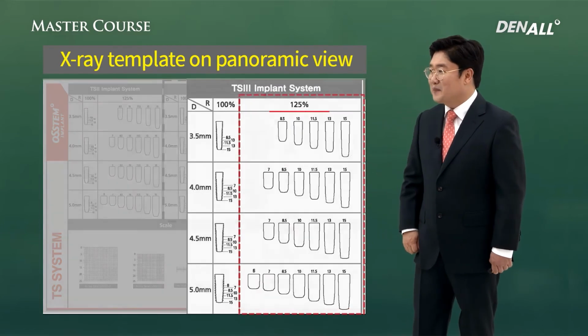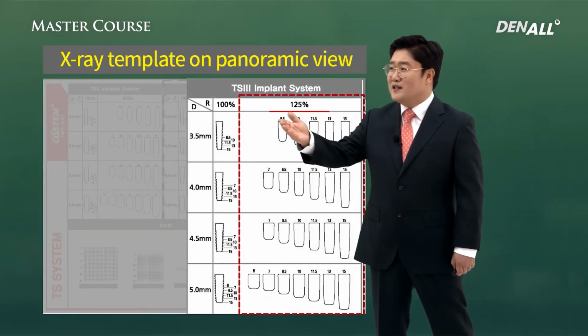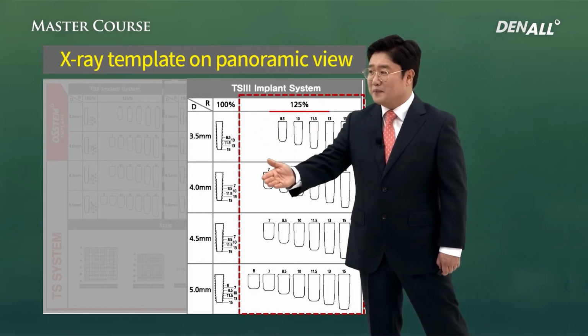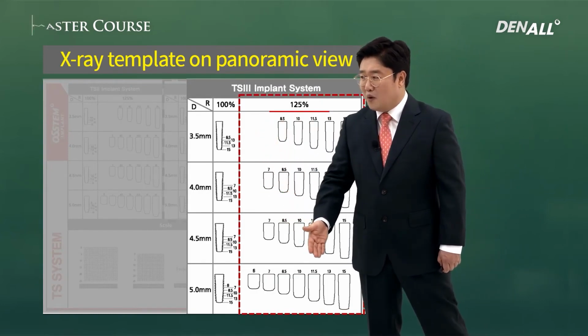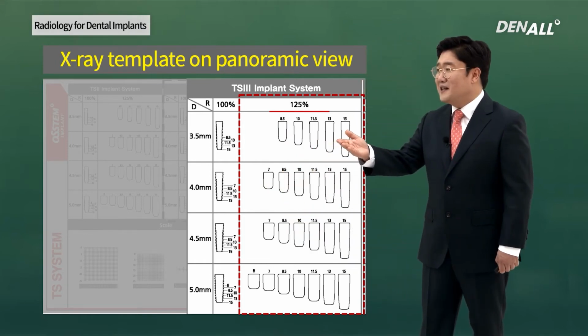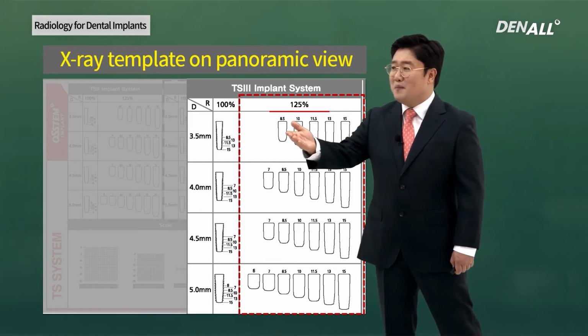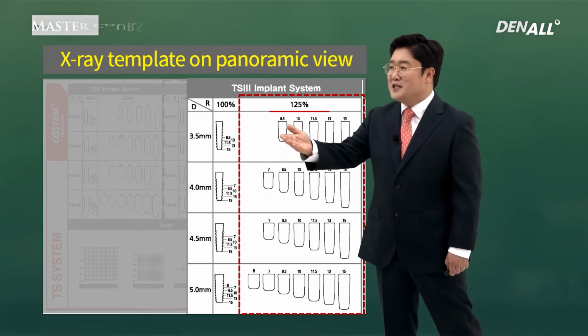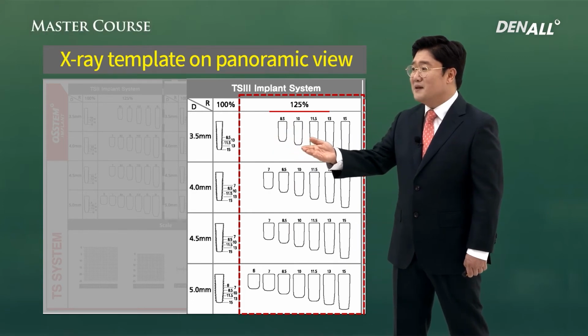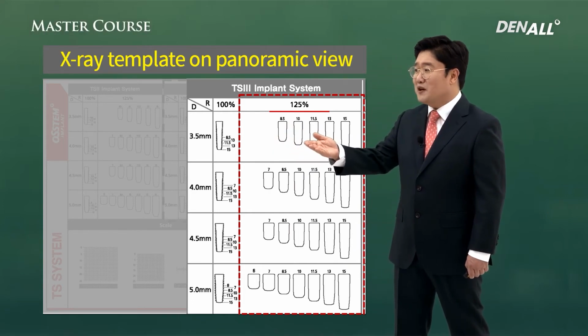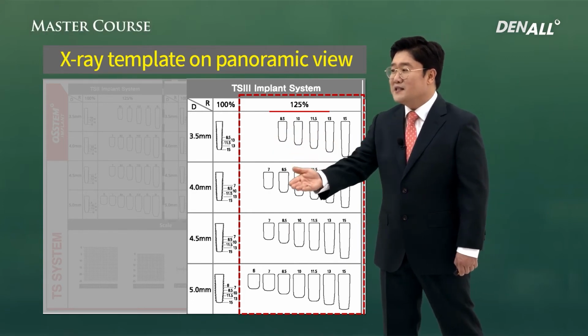As you can see, various implant diameters and various lengths per diameter are indicated here. For example, 3.5 diameter, 8.5 millimeter length implant is here.